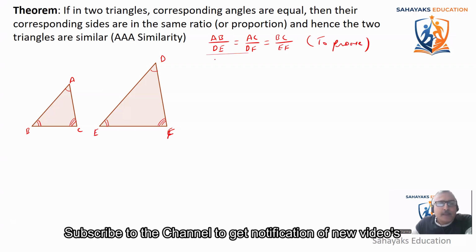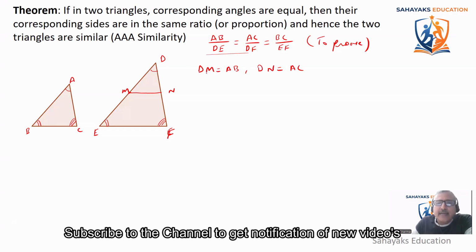What they have given is that the angles are exactly the same. When the angles are exactly the same, we have to construct a few things here. We'll construct M point here and N point here, so that DM is equal to AB and DN is equal to AC.